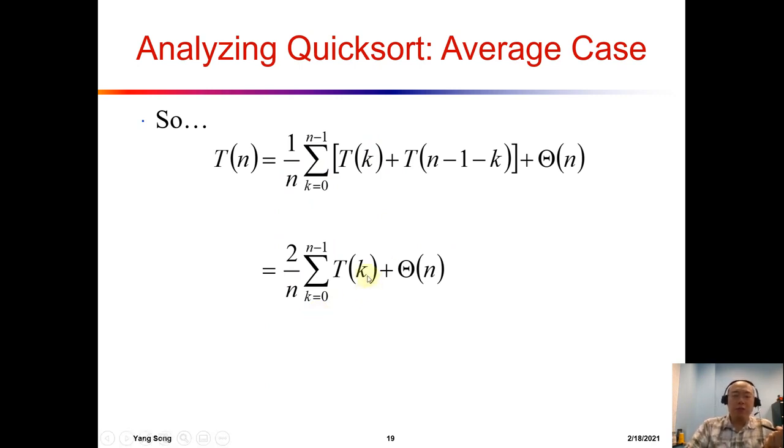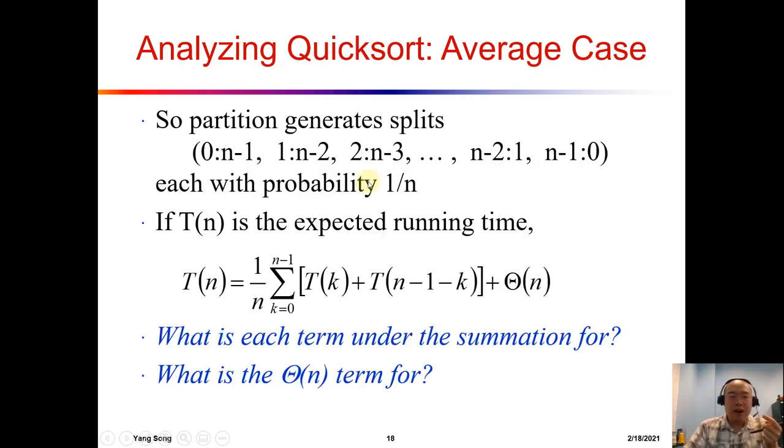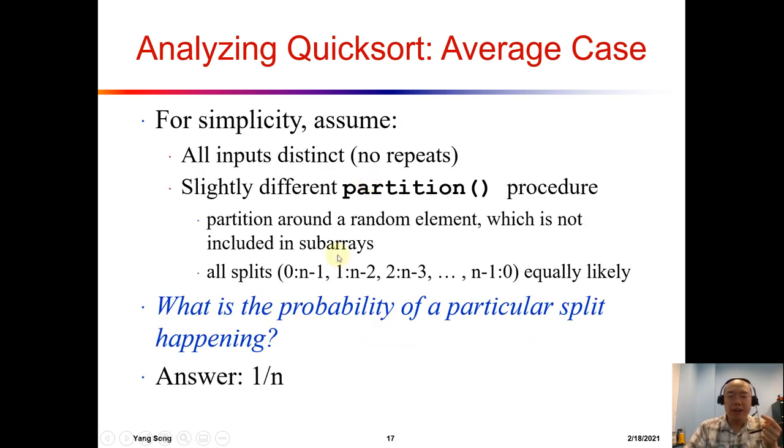So my observation is, since this k could be any value between 0 to n minus 1, for each of the possible Tk, we count them twice. What do I mean here? We can have a 0 to n minus 1 partition, and we can have an n minus 1 to 0 partition.